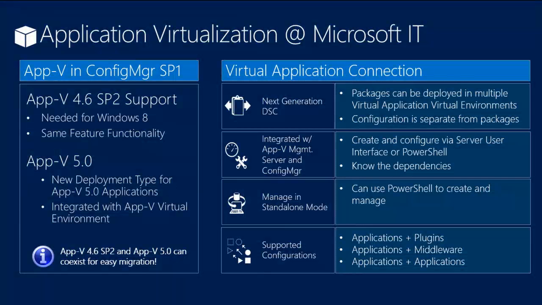One of the key benefits you get from AppV 5.0 is the virtual environment. In the old version of AppV, in order for a virtual app to speak to another virtual app, they had to be sequenced together into a single package. So if you had things like middleware, like .NET, or some plugins for IE or something else, you were constantly resequencing those same things into a single package.